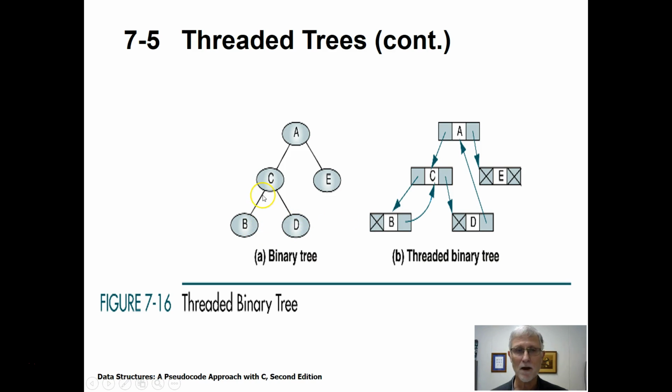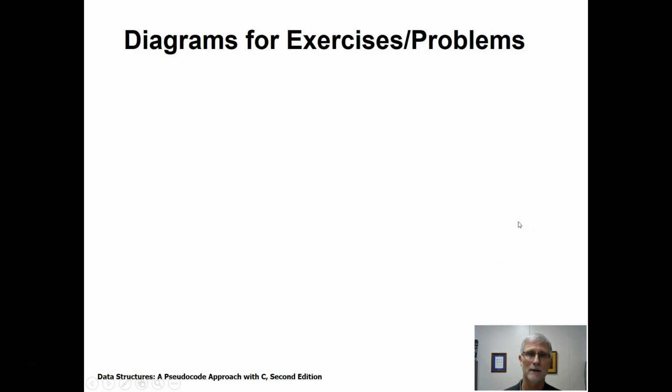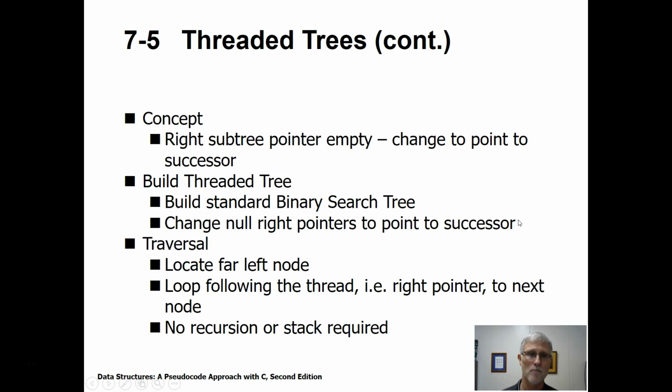Now I just follow the thread, or that link that was a null pointer, and follow it to my successor. So the concept is, on the right subtree, the pointer can be empty, and you want to change the right pointer to the successor.